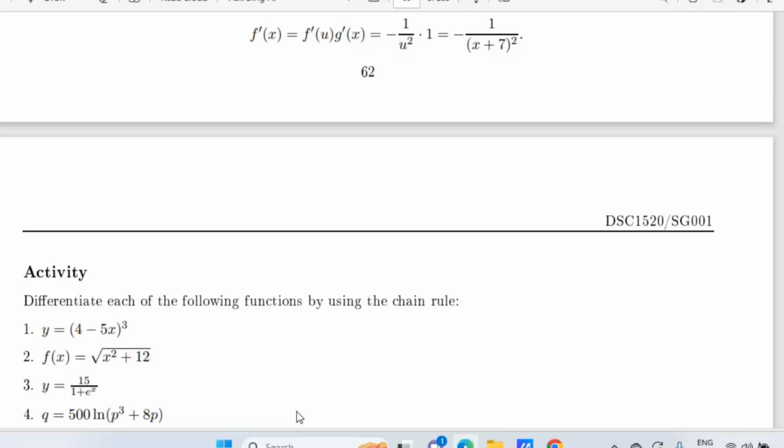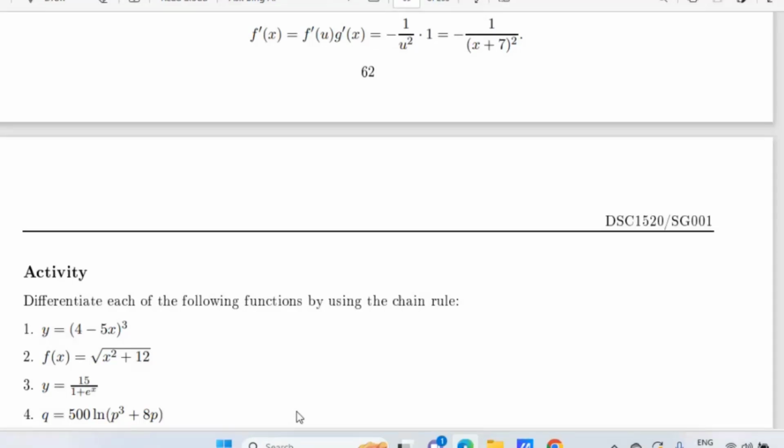Let me simplify it in this way. Please tell Brighton what your final answer is, and then Brighton must also tell you what his final answer is. My final answer is 500 brackets 3p squared plus 8 close brackets over p cubed minus 8p.